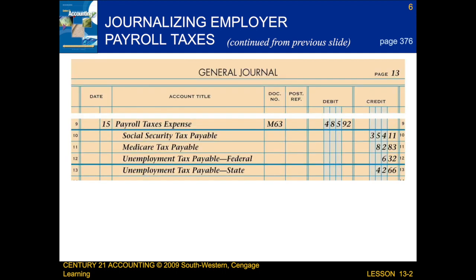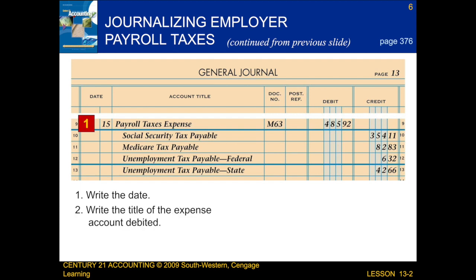And lastly, when we journalize employer payroll taxes in a general journal, there are many steps that we have to follow in order to complete this process. First, we write the date, which is December 15th, in the date column. Next, we write the title of the expense account debited, which is payroll taxes expense, in the account title column.